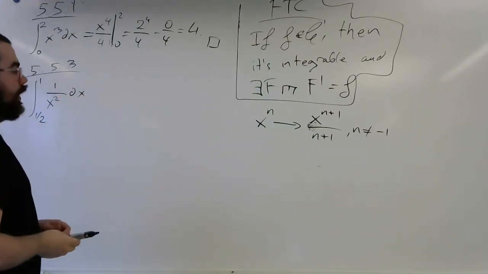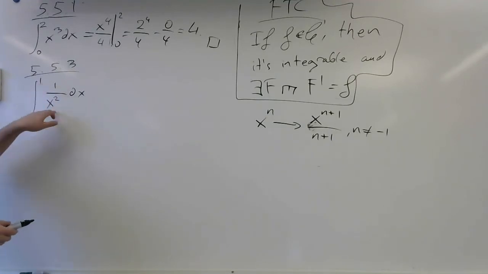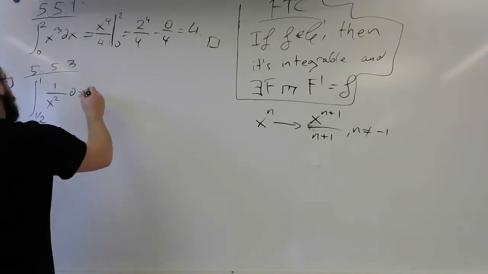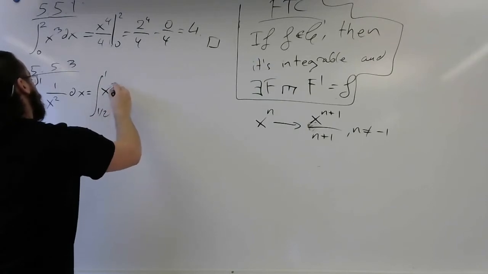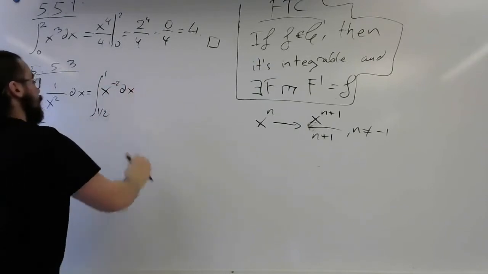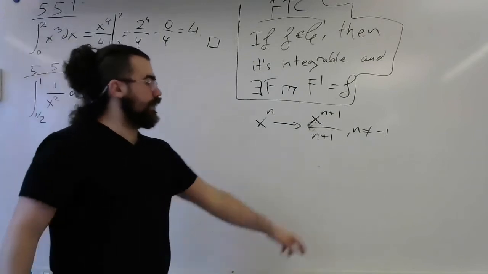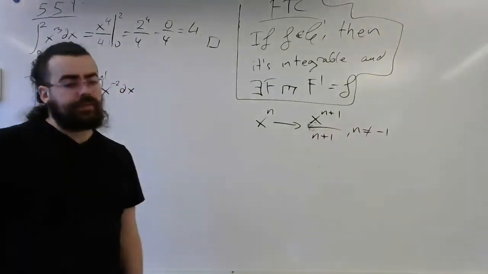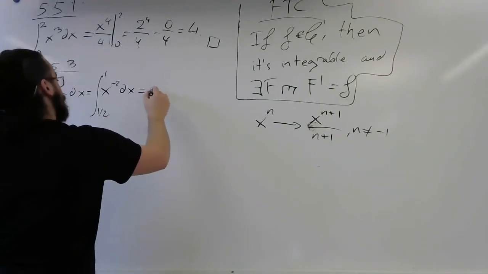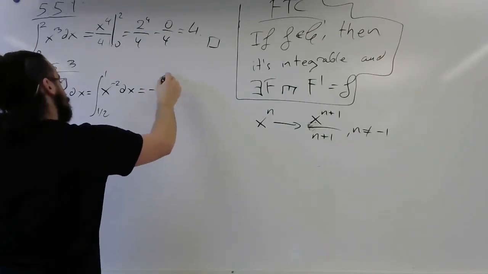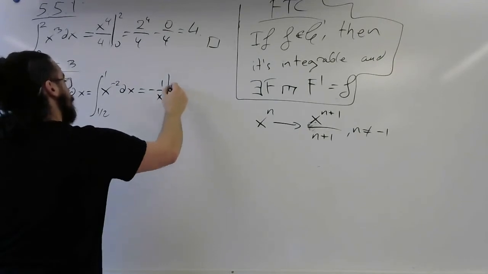Now what problem do we have here? This square is in the denominator, so that may look like a complication, but we can see it as the integral between 1/2 and 1 of x to the power minus 2 dx, different than minus 1, so we can apply our first integration rule, and that's minus 1 over x between 1/2 and 1.